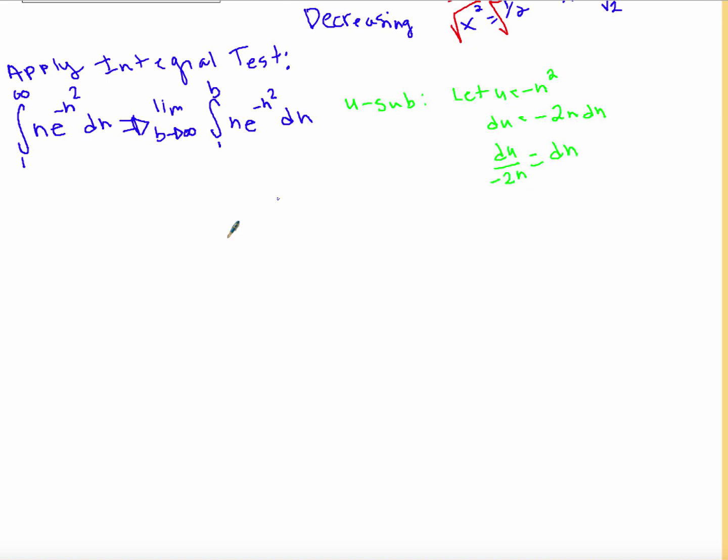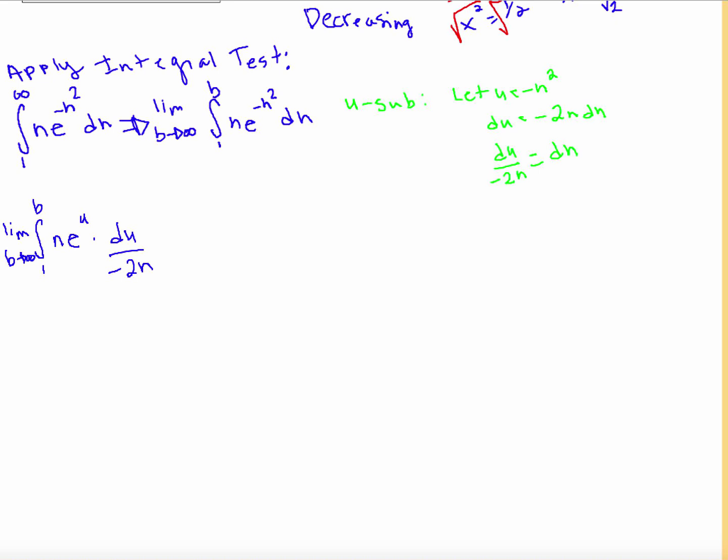So, I've got the limit as b goes to infinity of the integral from 1 to b of n times e to the u power, and then dn is really du divided by negative 2n, so times du divided by negative 2n.